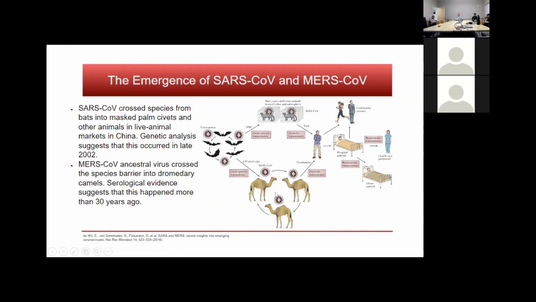So MERS is interesting. Many of you here may remember this camel story. MERS is thought to actually start in dromedary camels. And interestingly, the serologic evidence suggests that this actually happened at least 30 years ago. So these coronaviruses ultimately are zoonotically transmitted to humans. Once it gets into humans, there's person-to-person transmission.